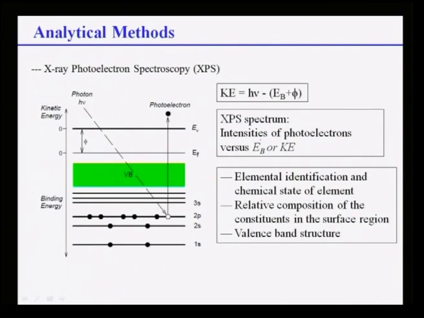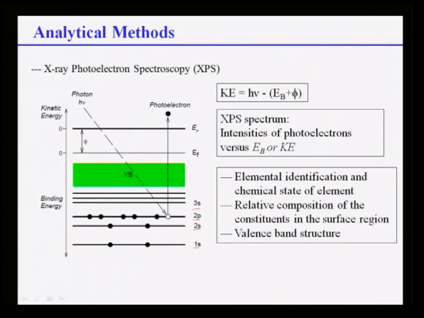Well, what is actually the process? What are the analytical methods? Let us show it in terms of energy diagrams. What I am showing here is basically energy levels of a certain atom. You can see 1s, 2s, 2p, 3s like that. So 1s has 2 electrons, 2s has 2 electrons, and then 2p has 6 electrons in the shells. Then you have 3s which is unfilled, and then you have the valence band.